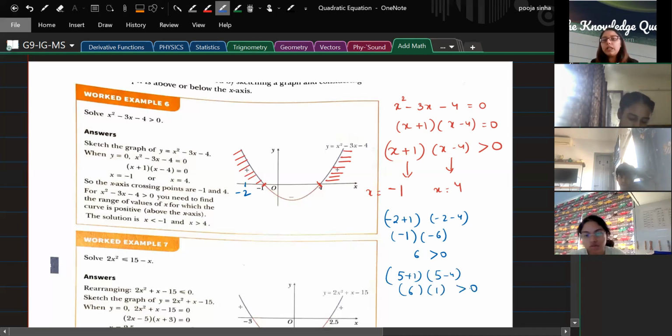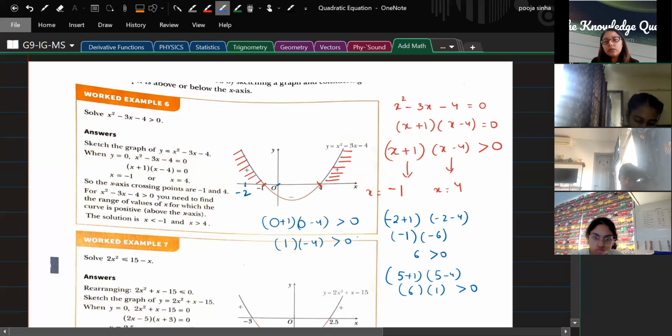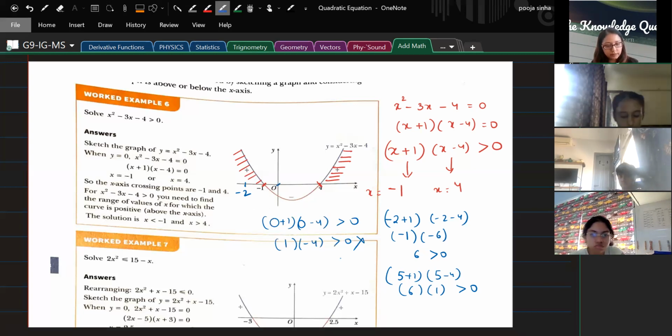But if by mistake we had taken a middle point, anything lying in between them, then what would my answer be? Let's say 0. 0 is between them. So 0 plus 1, 0 minus 4. It should have been greater than 0. This is 1 into -4. My answer is not correct because I'll get -4, which is lesser than 0.